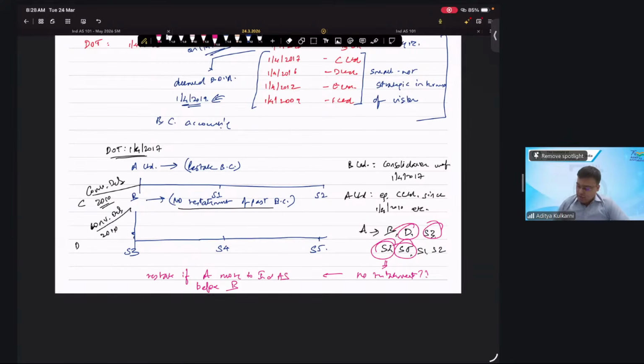Then you will do a restatement if A has moved to Ind AS prior to B. Are you able to understand this? Yes, sir.